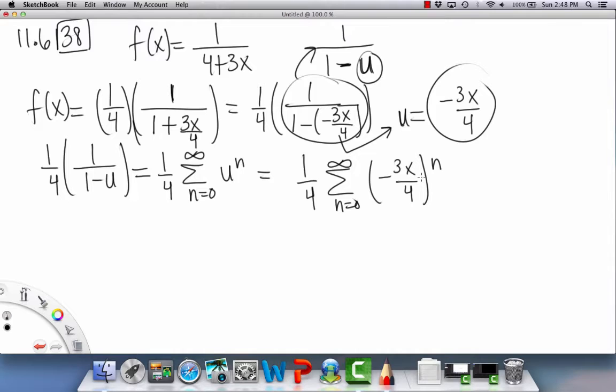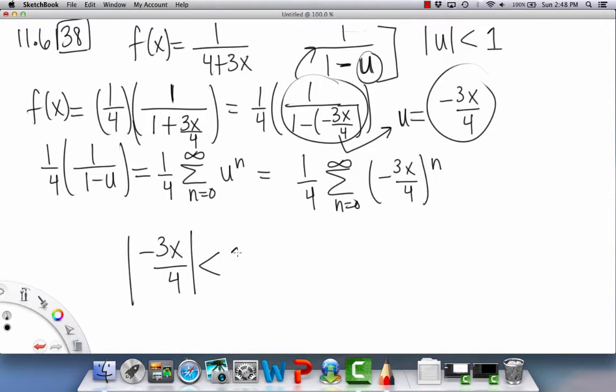Going back, remember how here the absolute value of u has to be less than 1, right? Before I wrote an x, it's the same thing, it's just a change of variables. So that had to be less than 1. So in this case, the absolute value of whatever is raised to the n power has to be less than 1.